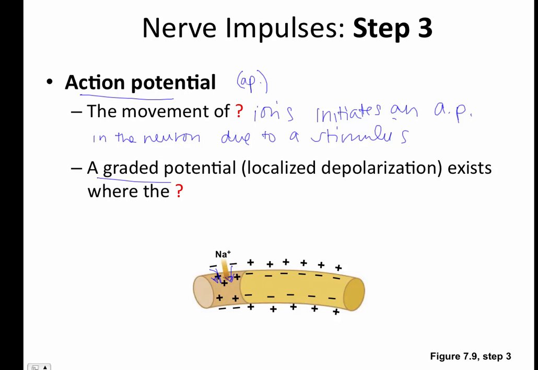And then here we have a graded potential, or localized depolarization. Localized because we're only dealing with this one area. It will exist where the inside of the membrane is more positive and the outside is less positive.